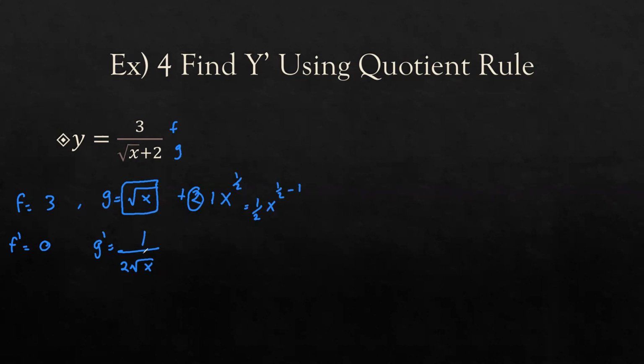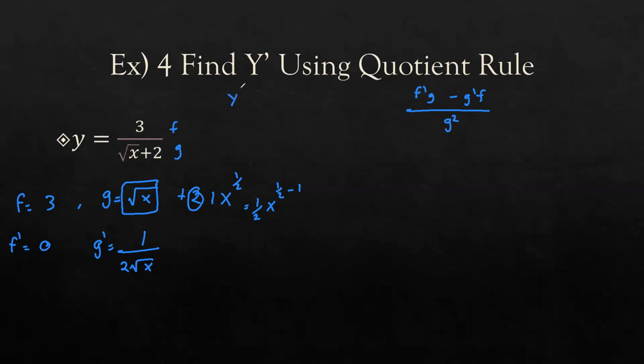When you simplify using positive powers, you get 1 over 2 radical x. Okay, so my quotient rule is f prime of g minus g prime of f all over g squared.